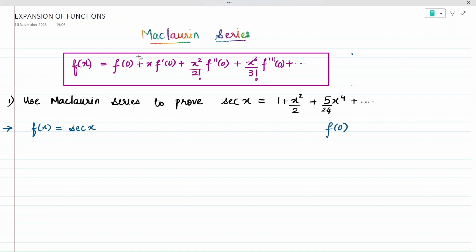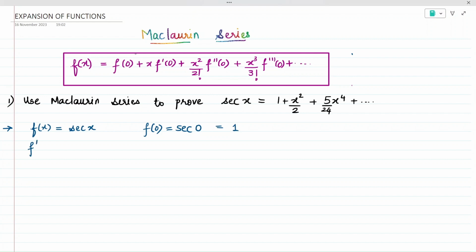So f of 0 here, okay, let's do it here itself. f of 0 will be sec of 0, and you can use your calculator and check. Of course, you have to keep it on radian mode. Okay, sec of 0 is 1. Sec 0 is 1 upon cos 0 basically. So 1 upon cos 0 is 1. So 1 upon 1 is 1 again. Okay, so f of 0 मिल गया हमारे लिए.